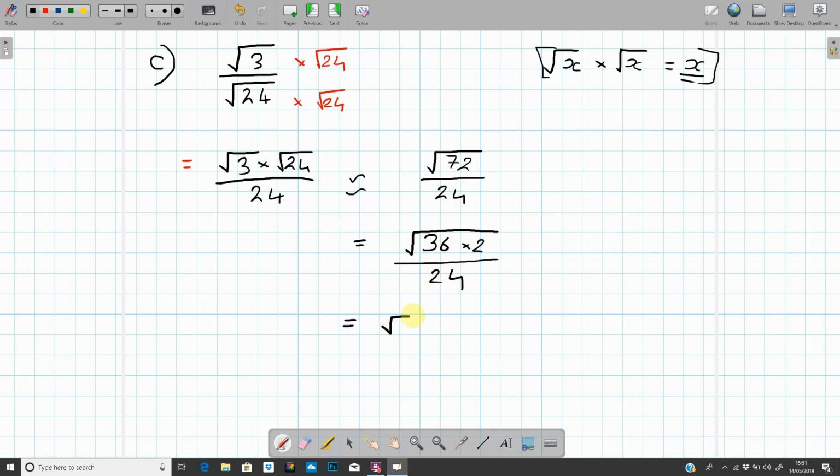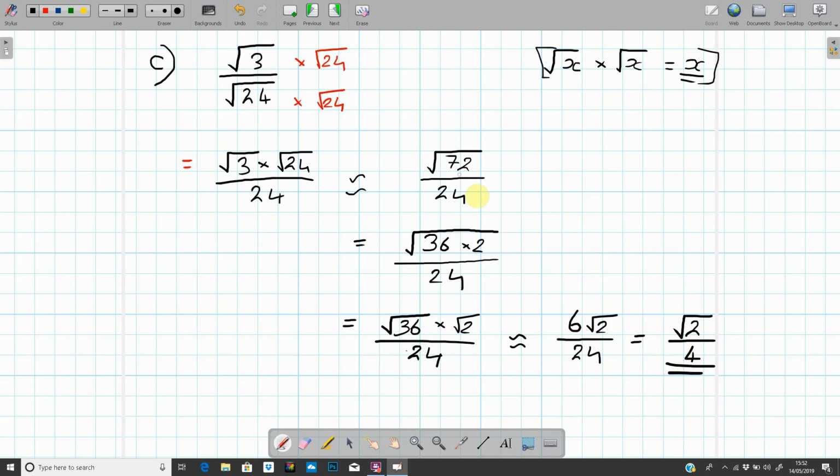So if we split these up, we get the square root of 36 times the square root of 2 divided by 24. Now, the square root of 36 is 6, so 6 root 2 divided by 24. Now we can simplify the 6 and the 24. So your final answer becomes root 2 divided by 4.